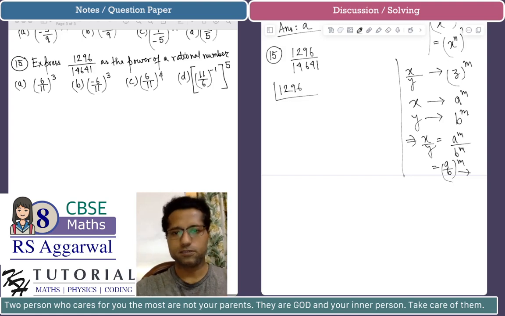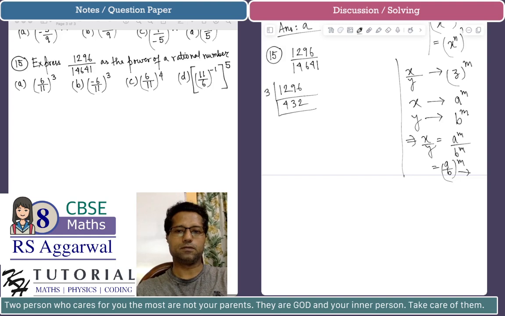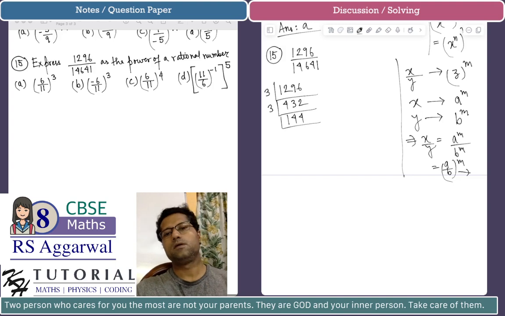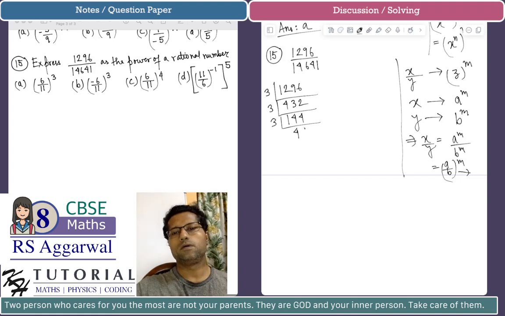Okay, I can clearly see it is divisible by 3, so I will divide by 3: 4, 3, 2. Then again I can see it is divisible by 3, so 1, 4, 4. Okay, so I can see 3, 4, 48.